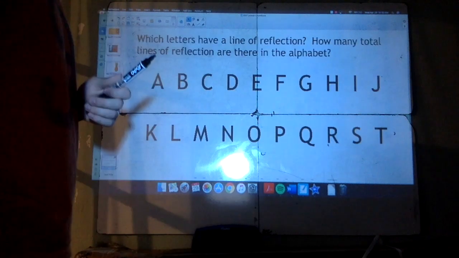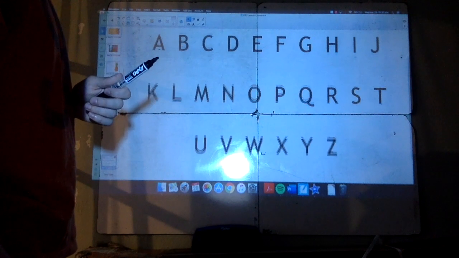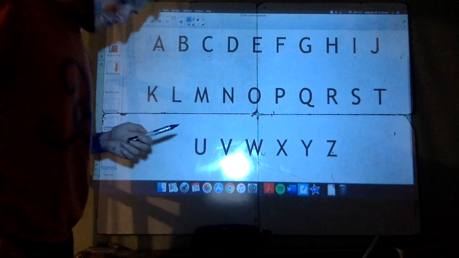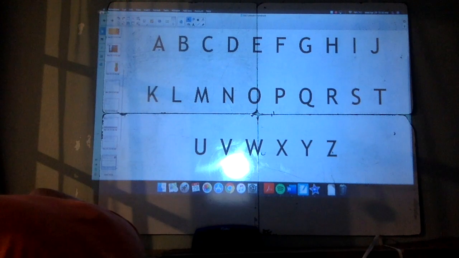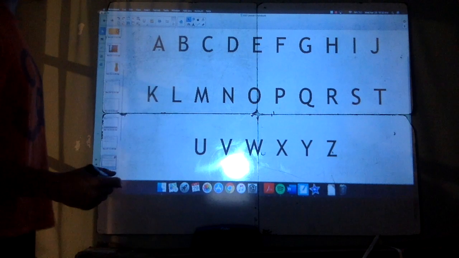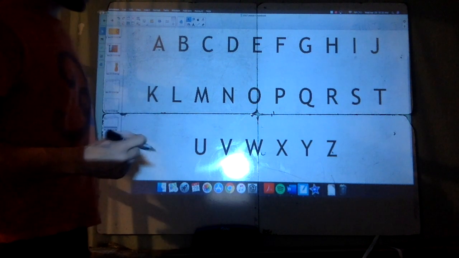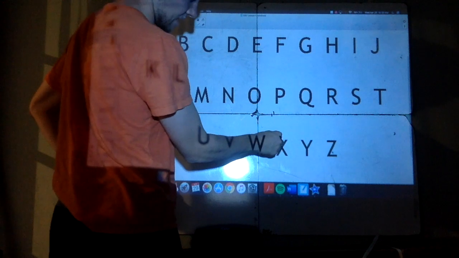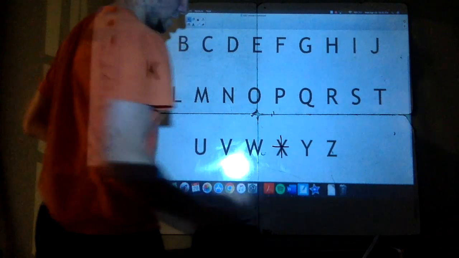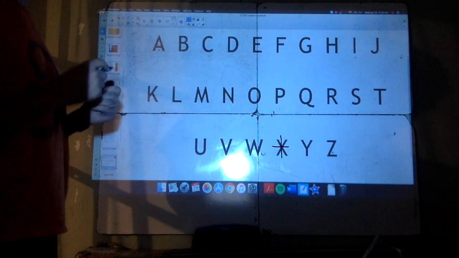Thought that was fun. So now I just want you to think about the alphabet, and we're doing a line of reflection. I want you to find how many of these letters in the alphabet have a line of reflection. Just an example, let's look at the letter X. The letter X has 2 lines of reflection.